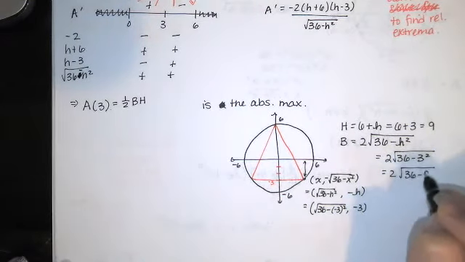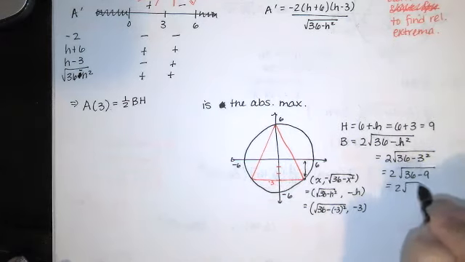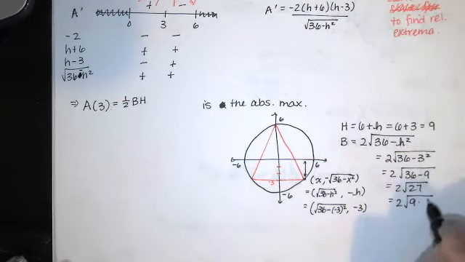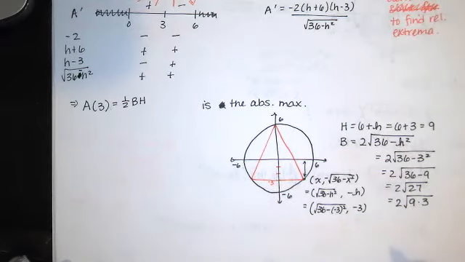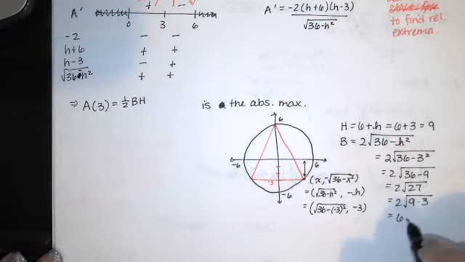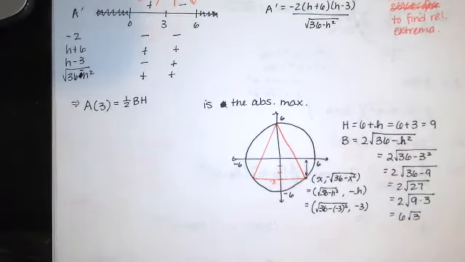So we've got 36 minus 9. That's 27. Square root of 27. It's the square root of 9 times the square root of 3. Square root of 9 is 3. So we have 2 times that 3. It's going to give us a 6, and the square root of 3 can't be simplified. So we've got 1/2 base times height.